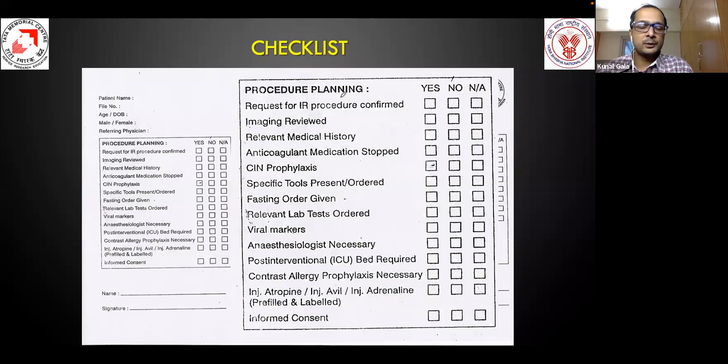So this is pre-procedure planning: the request of what biopsy needs to be performed, the imaging has been reviewed, anticoagulant history, relevant medical history, CIN prophylaxis if the patient is having a high creatinine, or any specific tools that need to be ordered, fasting instruction, consent, any allergy. So all these need to be signed off before doing a biopsy.